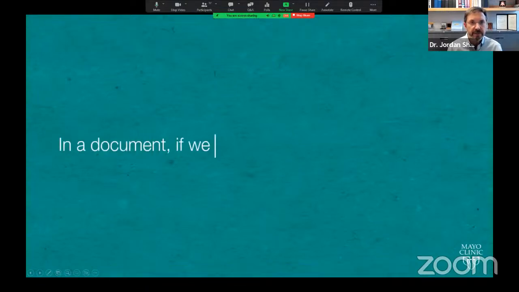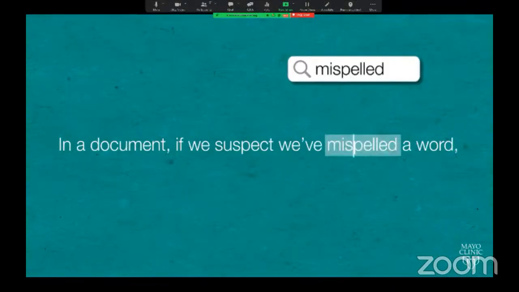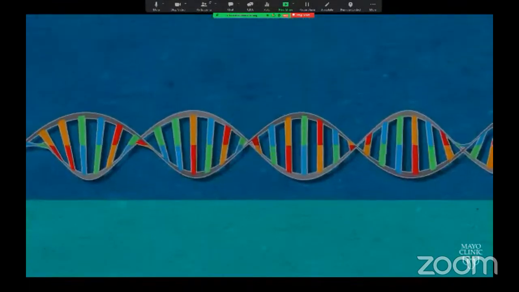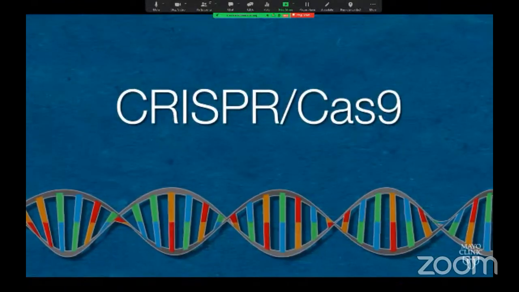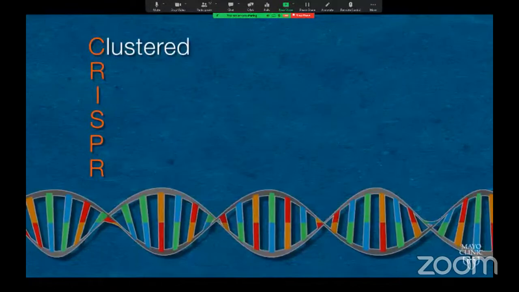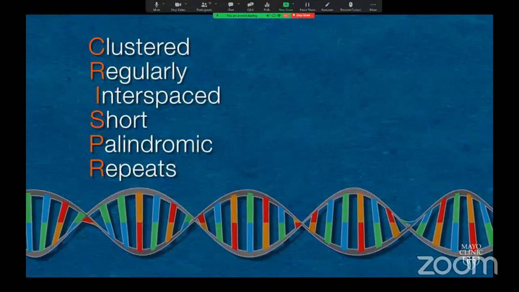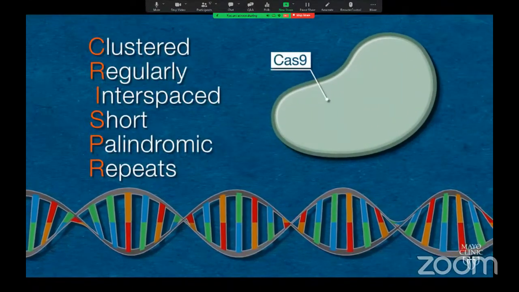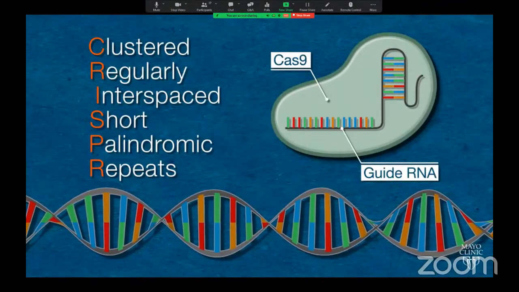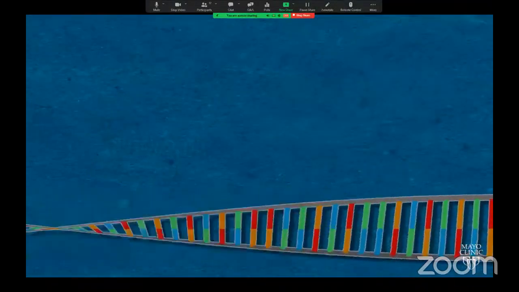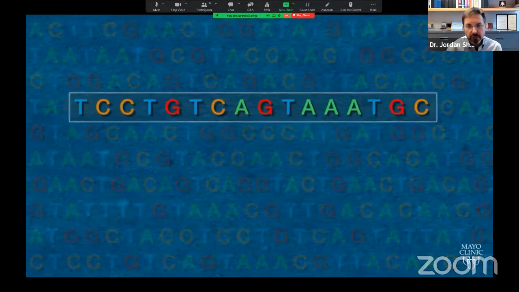In a document, if we suspect we've misspelled a word, we can use the find function to highlight the error and correct it or delete it. Within our DNA, that function is taken on by a system called CRISPR-Cas9. CRISPR is short for clustered, regularly interspaced short palindromic repeats. CRISPR consists of two components, the Cas9 protein that can cut DNA and a guide RNA that can recognize the sequence of DNA to be edited. To use CRISPR-Cas9, scientists first identify the sequence of the human genome that's causing a health problem.